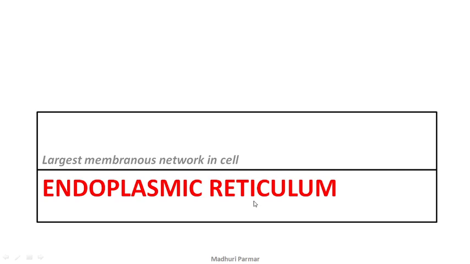One more thing. From reticulum, I realized you will study in chemical coordination, endocrine system. Whenever you study, kidney has adrenal cortex. Adrenal cortex has three layers, right? Zona glomerulosa, zona fasciculata, and the third layer is called zona reticularis.